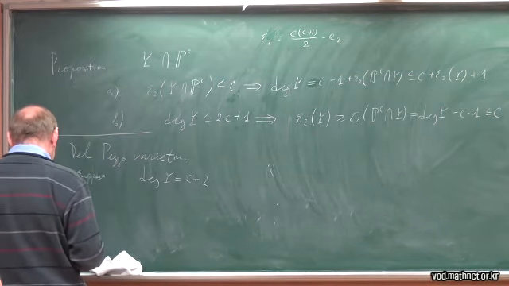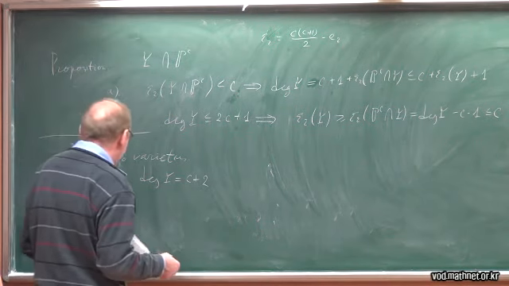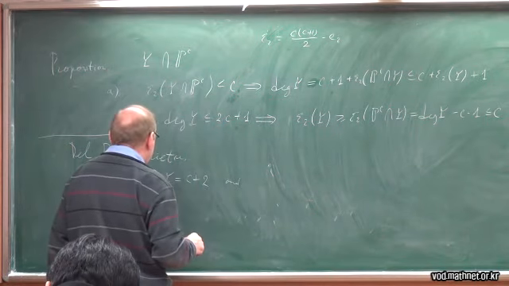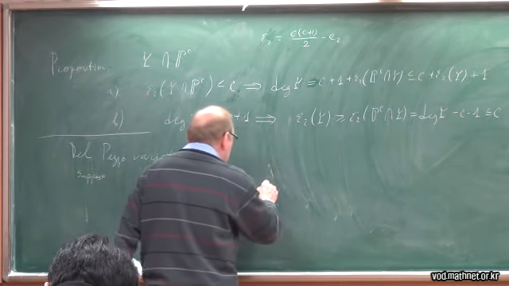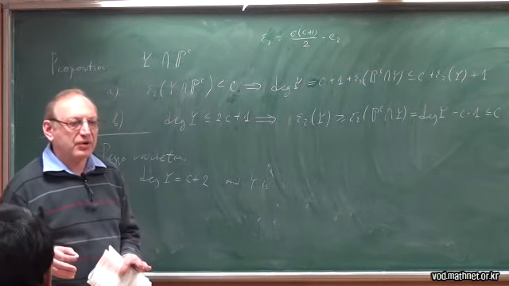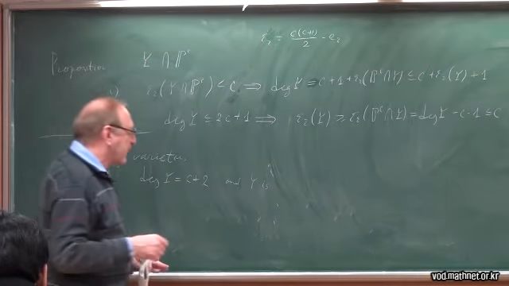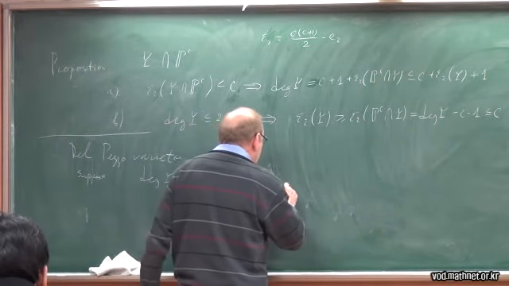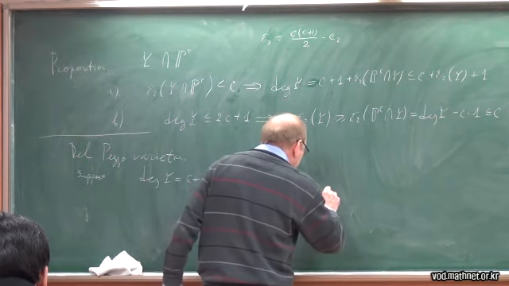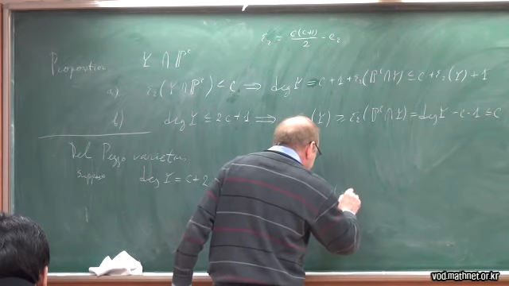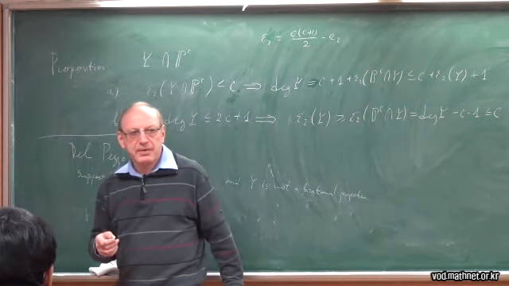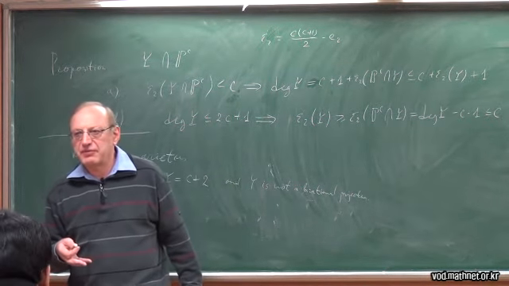And suppose that y is not... To ensure that its linear sections are linearly normal, it suffices to assume that y is not a birational projection of something, for example smooth, of some variety of minimal degree. Because then it's a projection of a variety of minimal degree already.